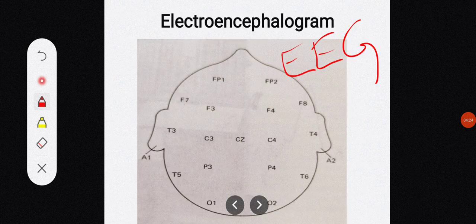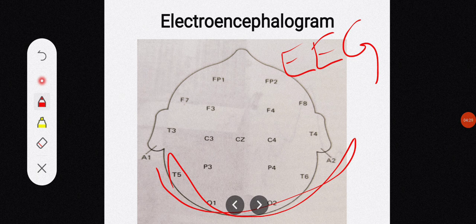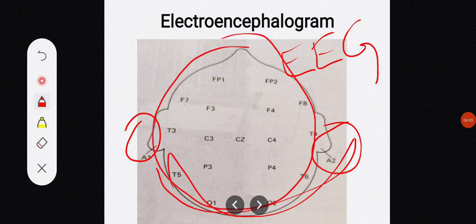As you can see, this is the scalp of the human, and these are the reference electrodes, either A1 or A2. So taking A1 or A2, you can take any reference electrode, and these are the measuring electrode locations over the scalp.